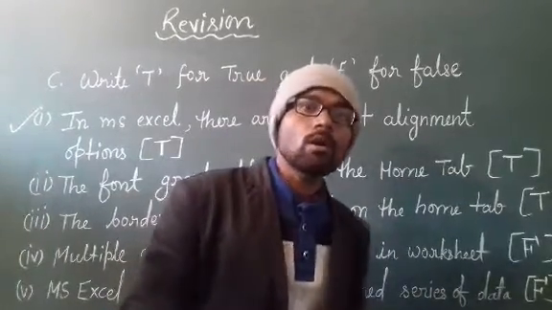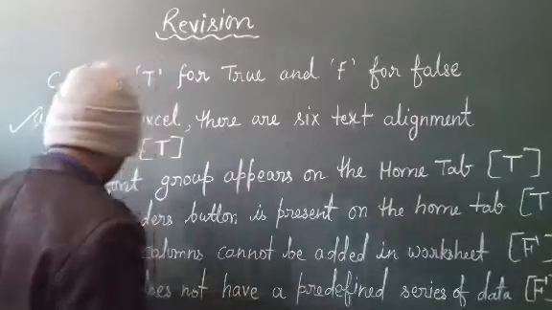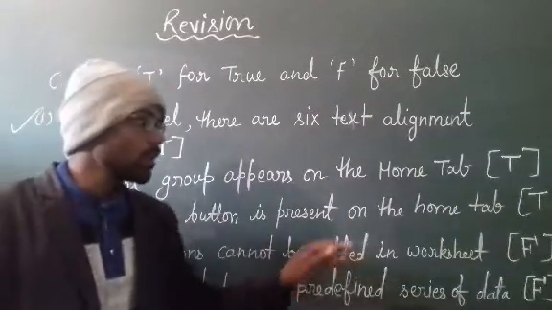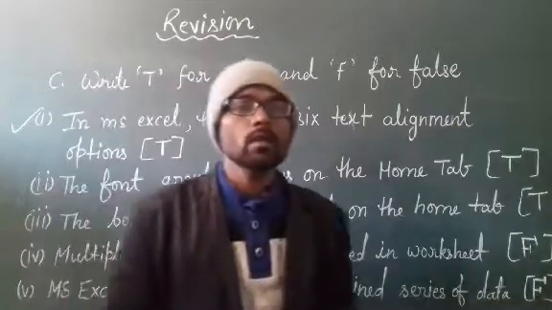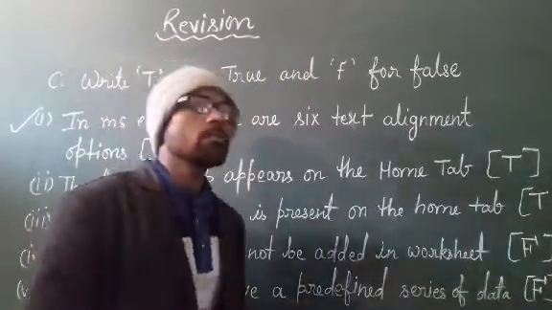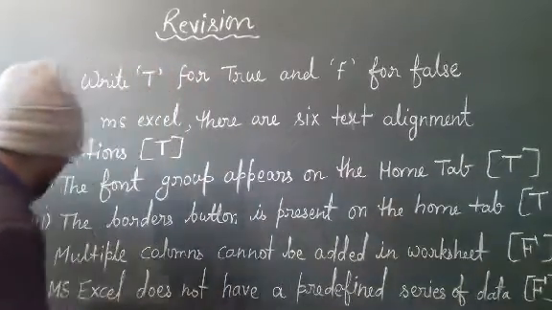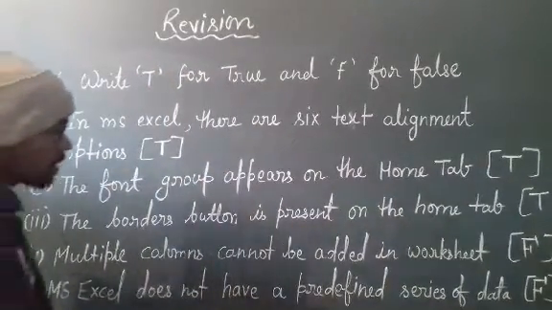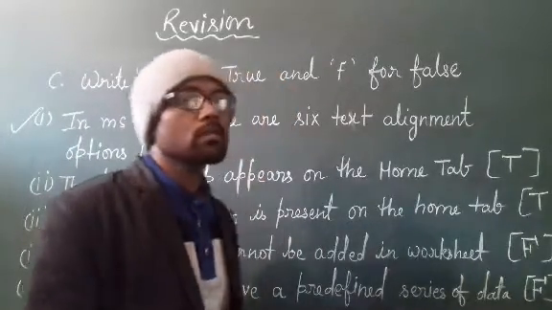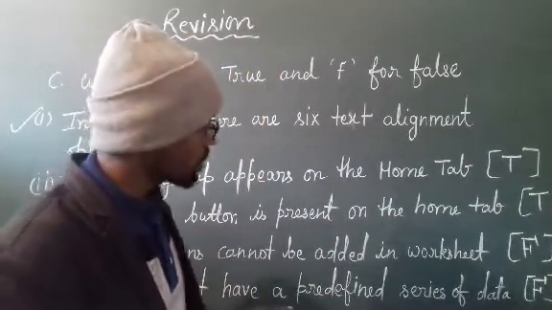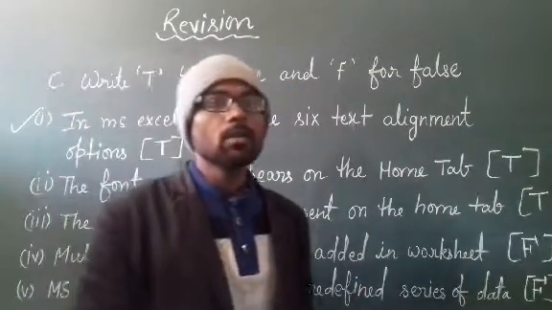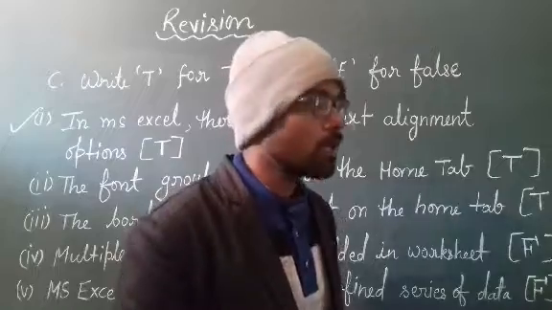This statement is also true. And question number 4, multiple columns cannot be added in a worksheet. This statement is false because we can add multiple columns in our Excel sheet. And question number 5, MS Excel does not have a predefined series of data. This statement is also false because MS Excel has a predefined series of data. We can use predefined series of data.